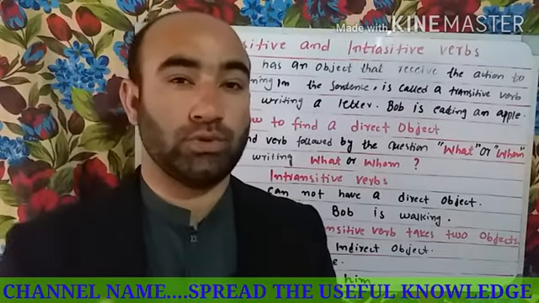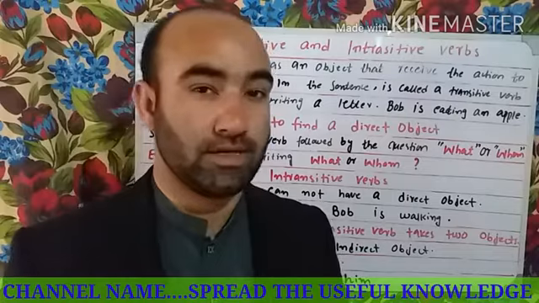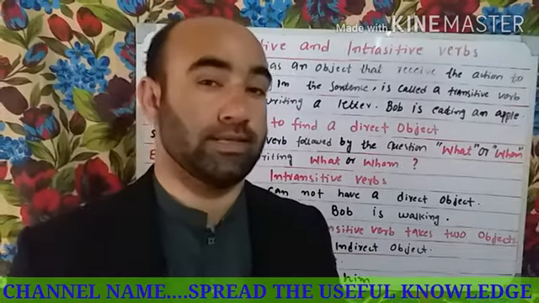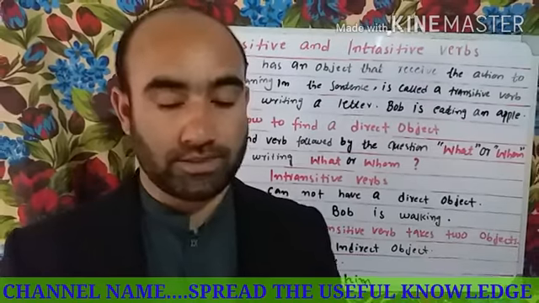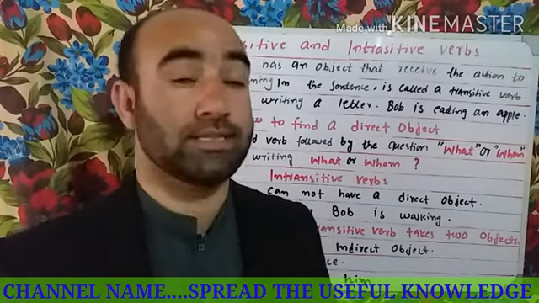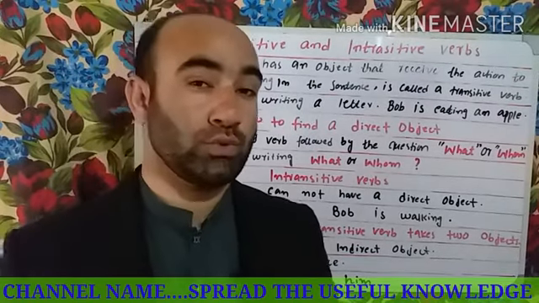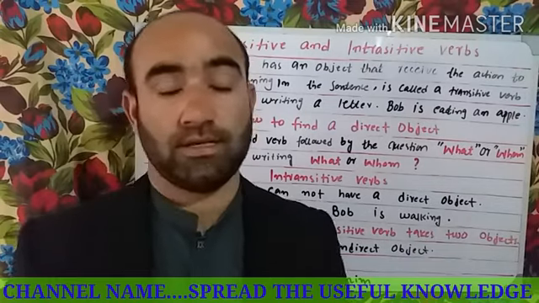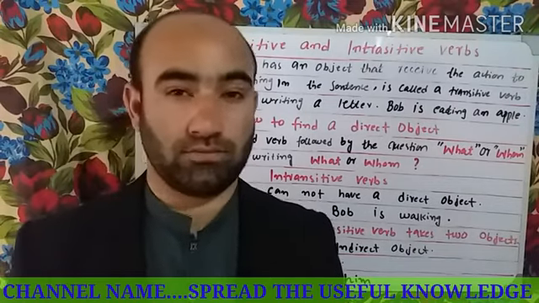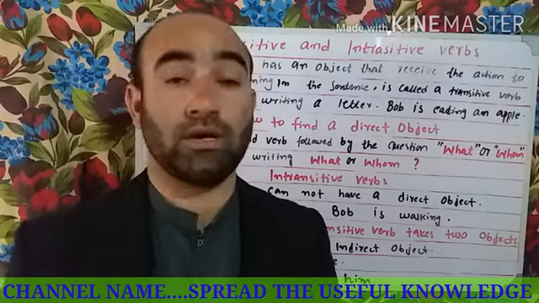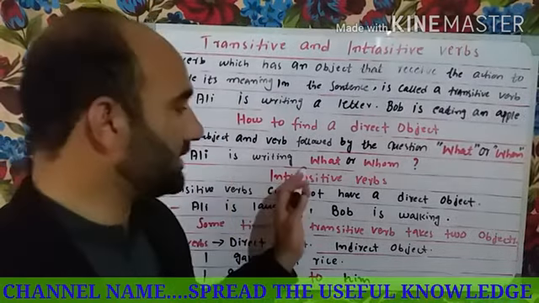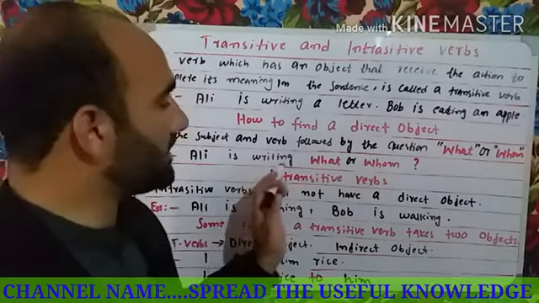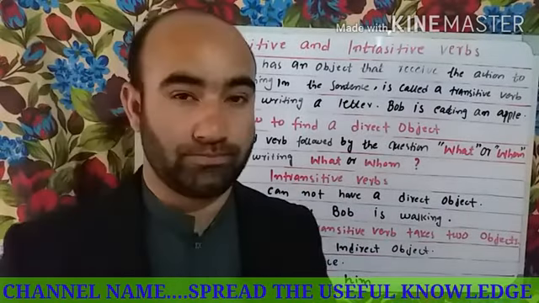These are two WH questions. After the subject and the verb, we say these two WH questions. Through this we can know a transitive verb. For example, Ali is writing. We say, Ali is writing what or whom?